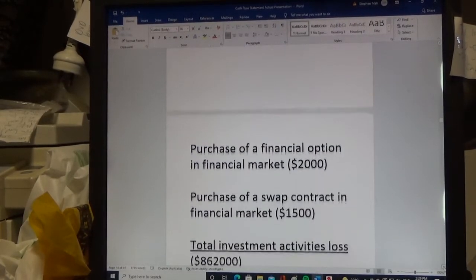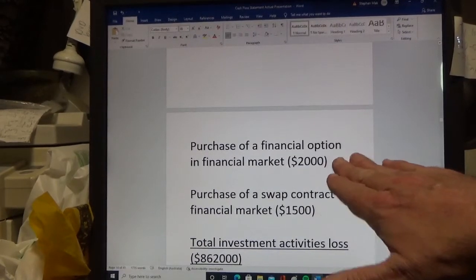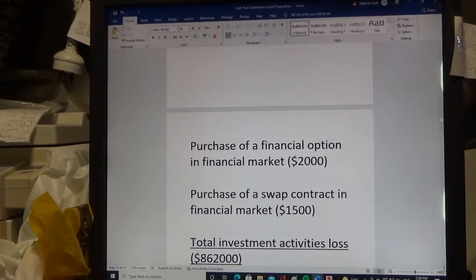Purchase of a financial option. Now, an option is a type of derivative. An option gives you the option of buying and selling shares. So a call option is the option to buy shares, and a put option is the option to sell shares. I often get a bit worried if I've got that wrong, and I'll probably review that, but check up what an option is.